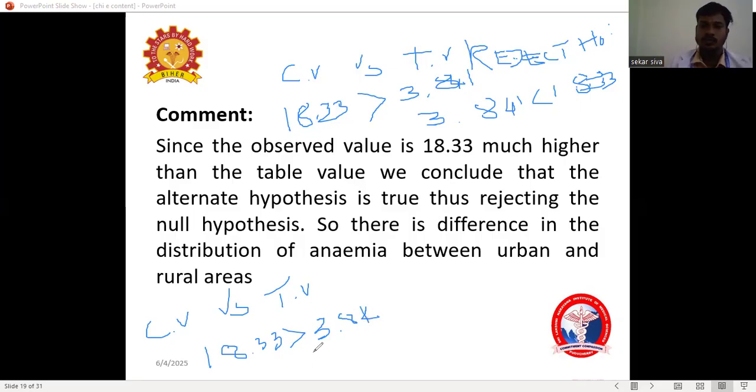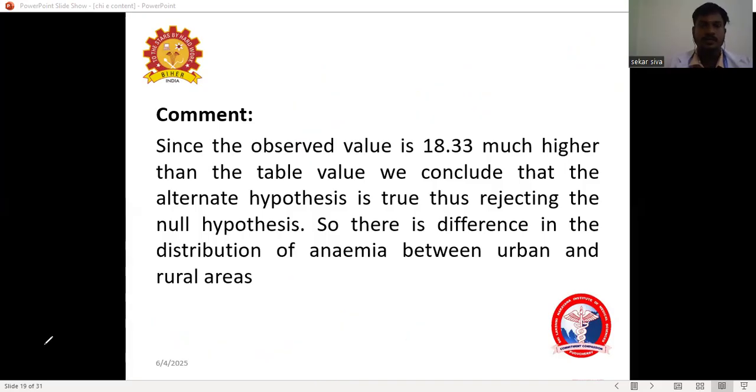In this scenario, we are going to reject the null hypothesis. So we can state that there is a difference in the distribution of anemic between urban and rural area. This is how we have to make an interpretation using a statistical test.